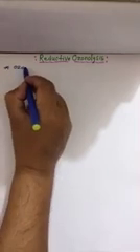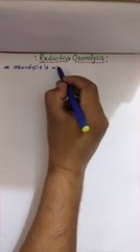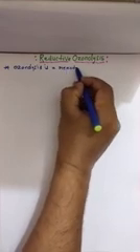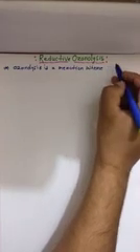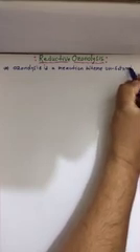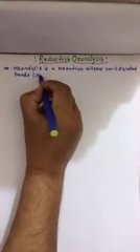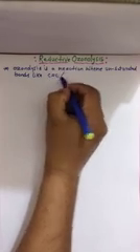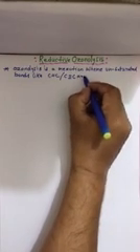Ozonolysis is a reaction where unsaturated bonds like C double bond C or C triple bond C are cleaved.